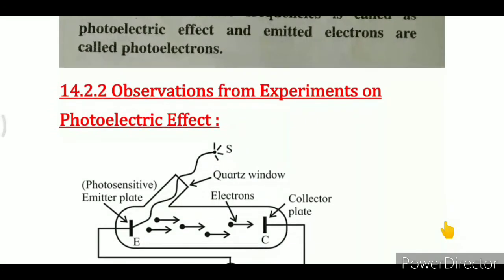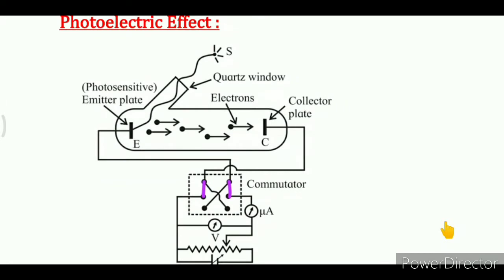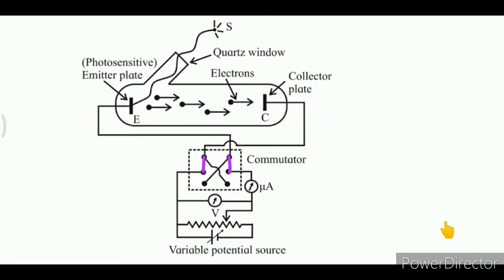Over there, the initial setup is that positive potential is applied to the collector plate and negative potential is applied to the emitter plate E. As the electrons are negatively charged particles, they are attracted towards the collector plate.